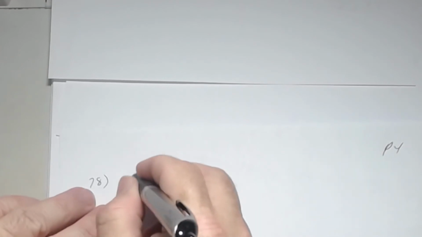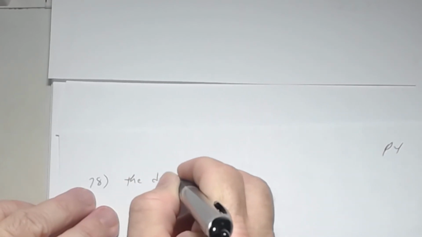All right, so this is number 78. Okay, so it's in Word, so this is what it says. It says the difference. So this goes back to that table with all those words from probably 3 periods ago.